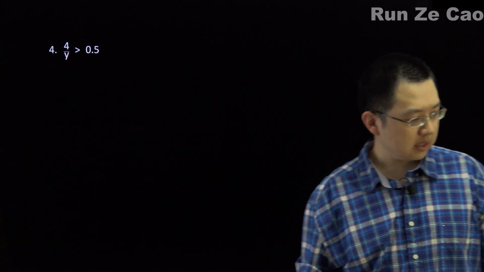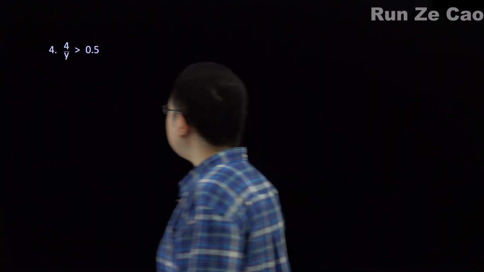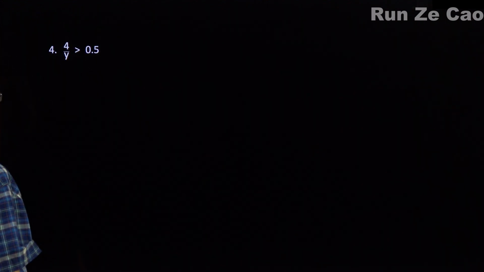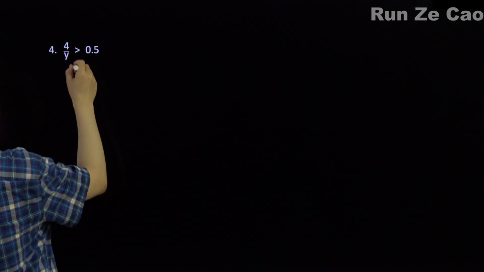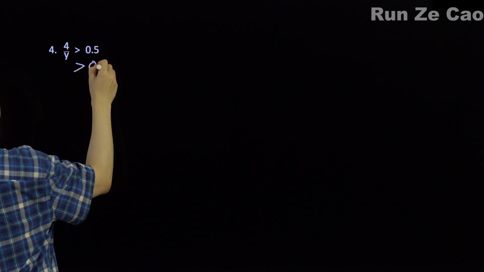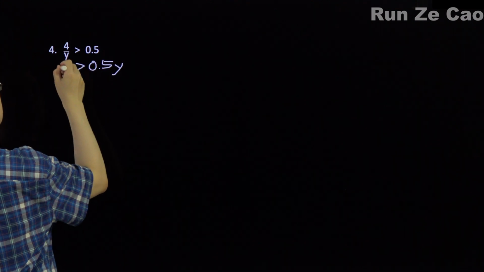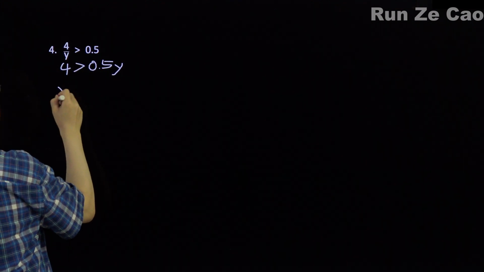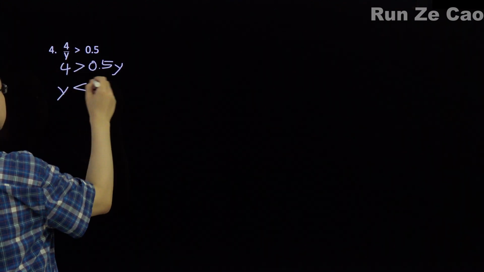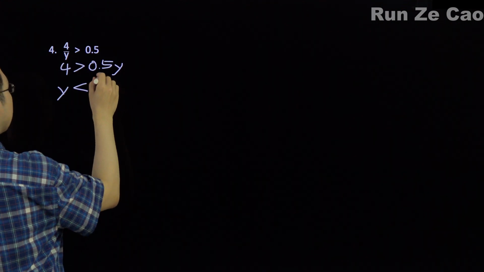4 over y is greater than 0.5. Well, we multiply by y on both sides. And we get 0.5y is less than 4. So y is less than 4 over 0.5.